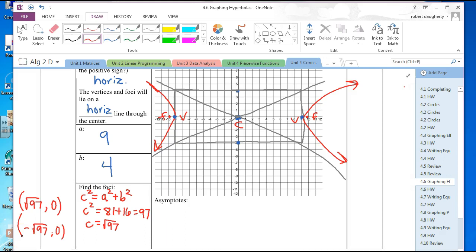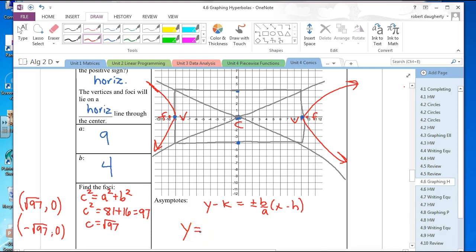And for the asymptotes, we have a formula: y minus k equals plus or minus b over a times x minus h. Do you know all of those things? Do you know h, k, a, and b? That would be a yes. What is k? Come on, guys.